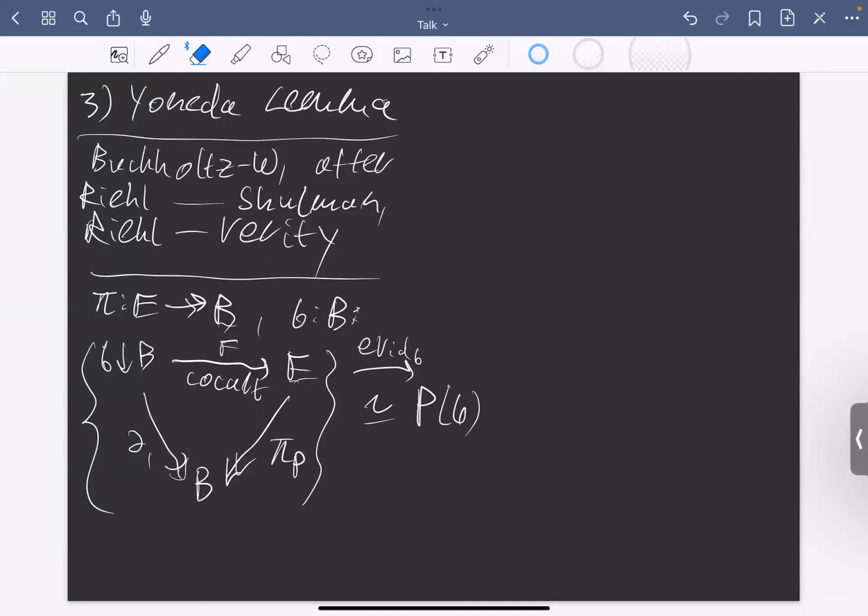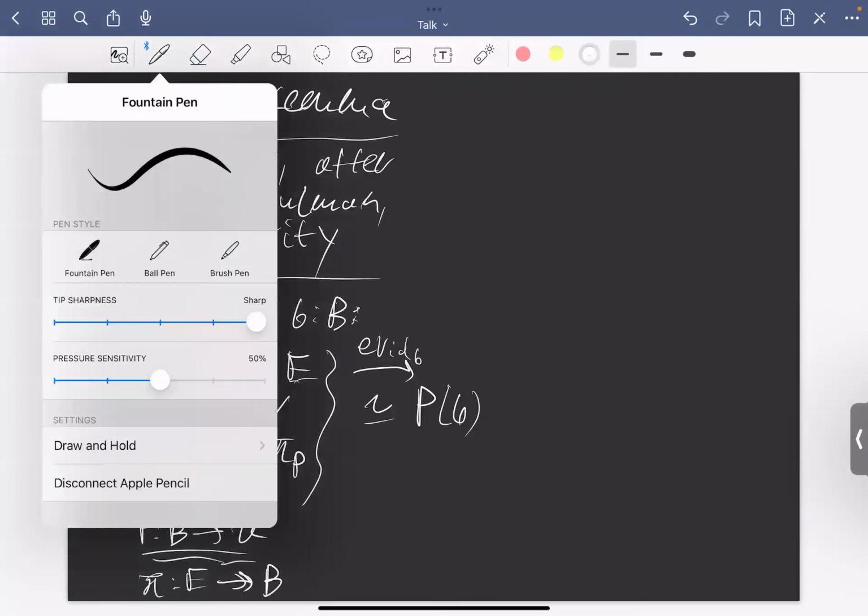Just to clarify, to be explicit, that corresponds to pi, and I'm just dropping the P, that corresponds to this map from E to B. Okay, so well, okay, but what are those? So okay, whoops.